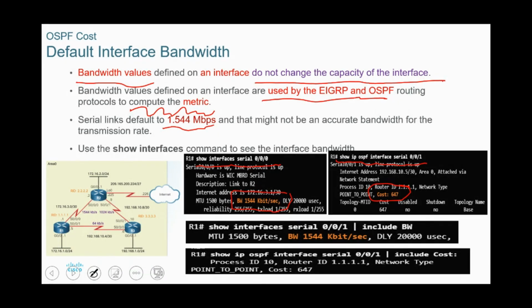Okay, so that is how you're going to check. So you can show interface S0/0/1 to show your bandwidth, and show IP OSPF interface S0/0/1 to show your cost. Okay, so these two are very useful commands for you to verify your configuration.